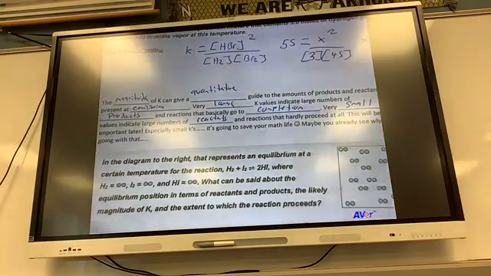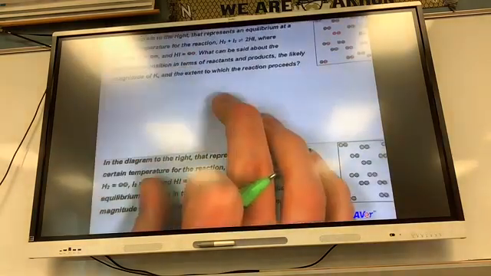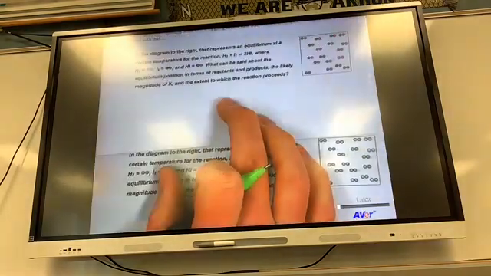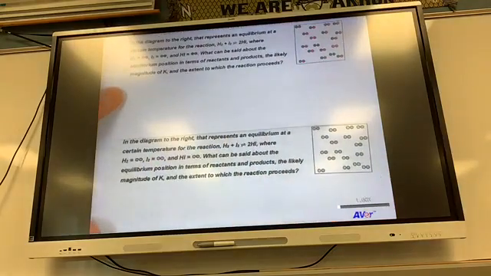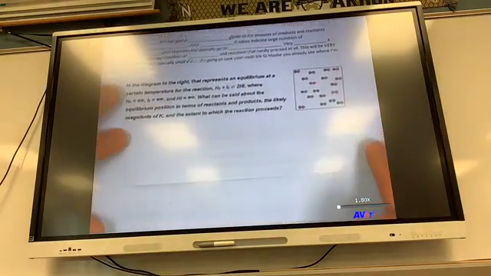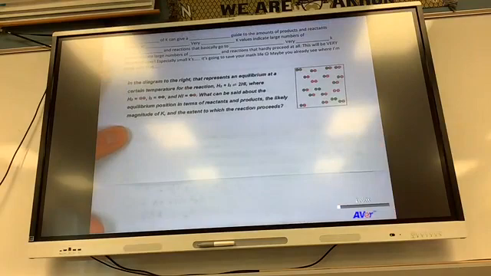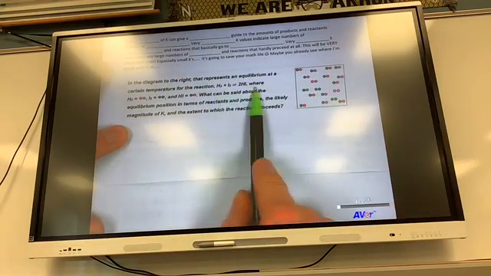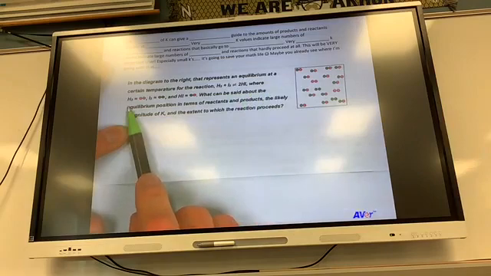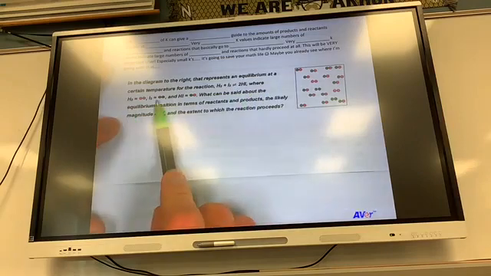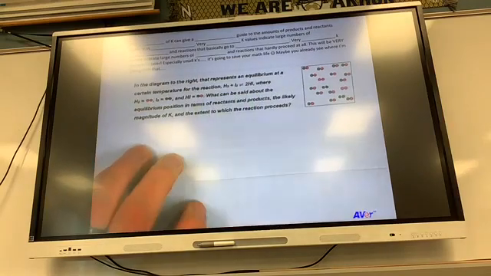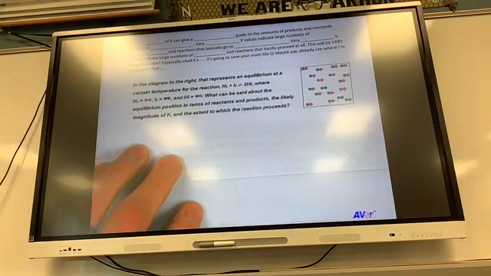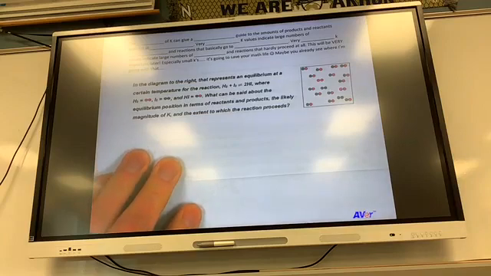So we have the diagram at the right represents an equilibrium at a certain temperature. For the reaction H2 plus I2 in equilibrium with 2HI, where H2 are pink dots, I2 are green dots, and HI are green pink. What can be said about the equilibrium position in terms of reactants and products?